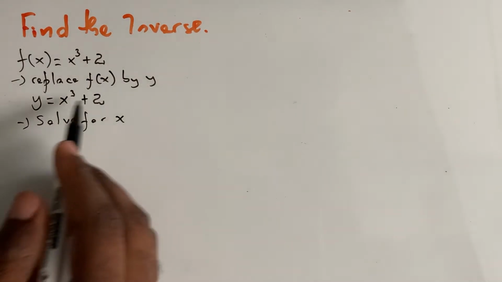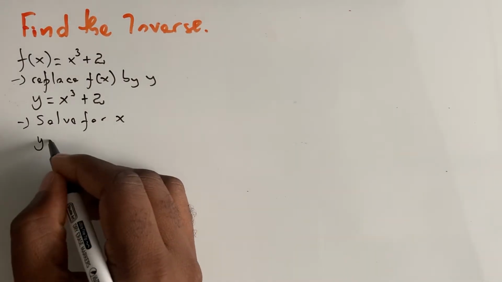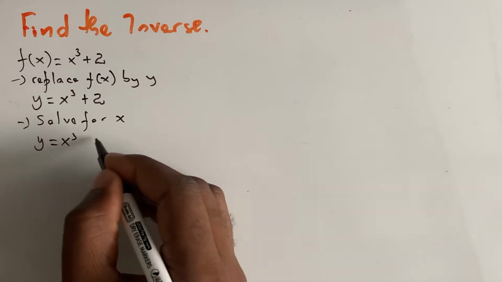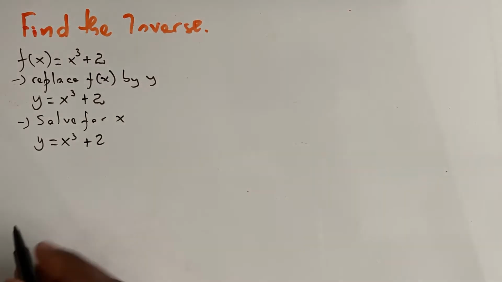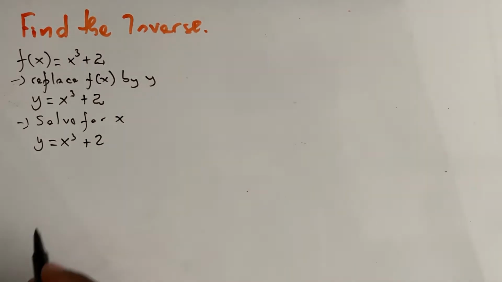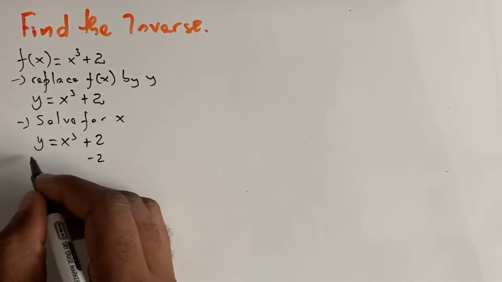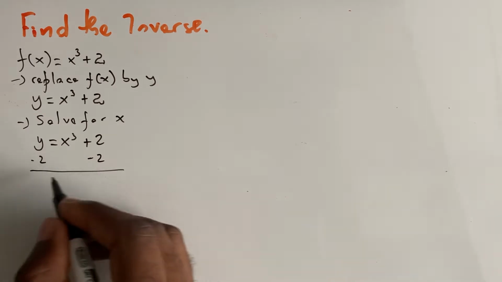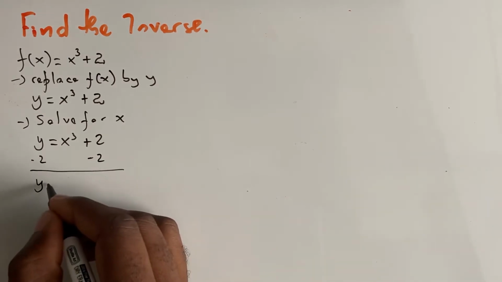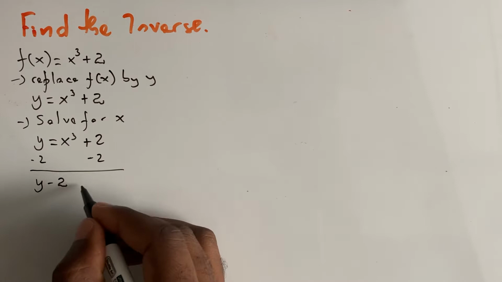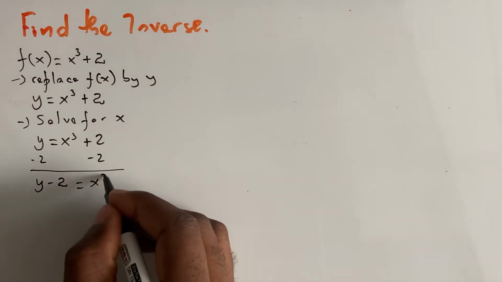In order to solve for x, remember you had y equals x cubed plus 2. To solve for x, you have to isolate x, right? So we subtract 2 from both sides, and we'll have y minus 2 equals x cubed.